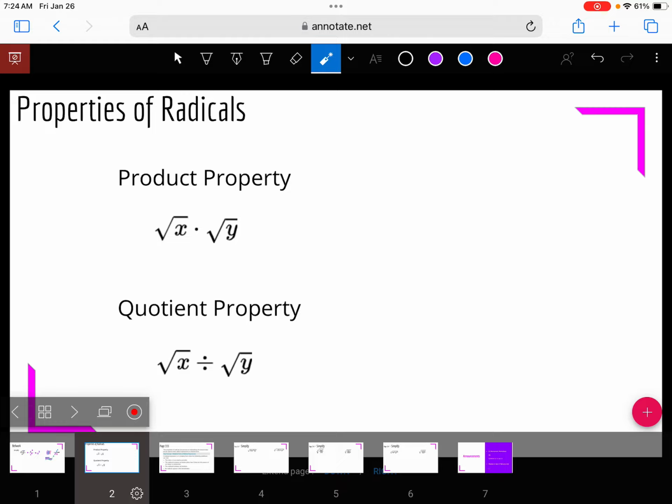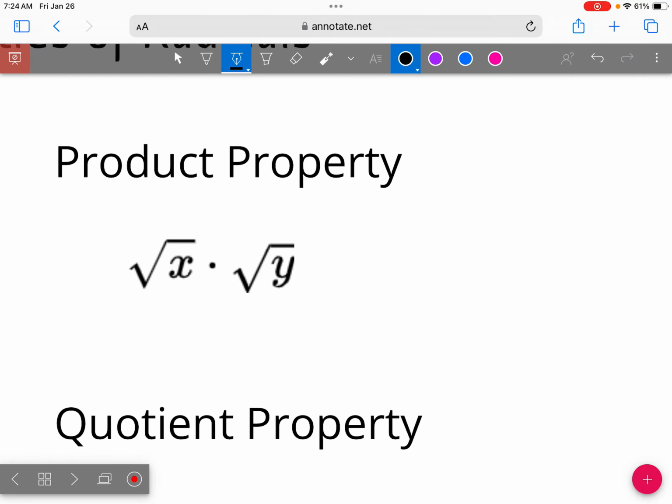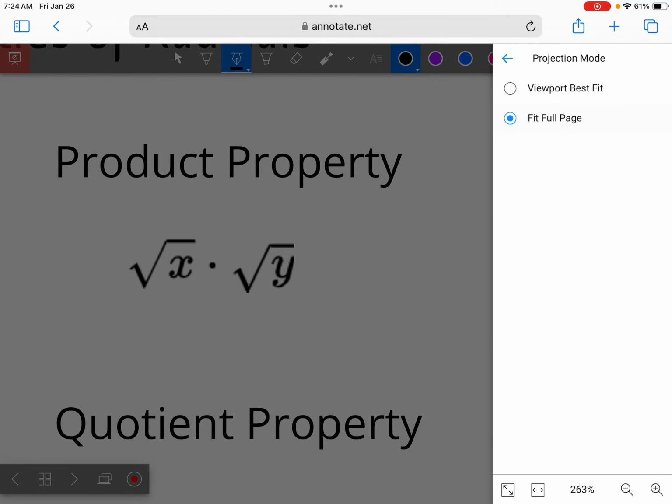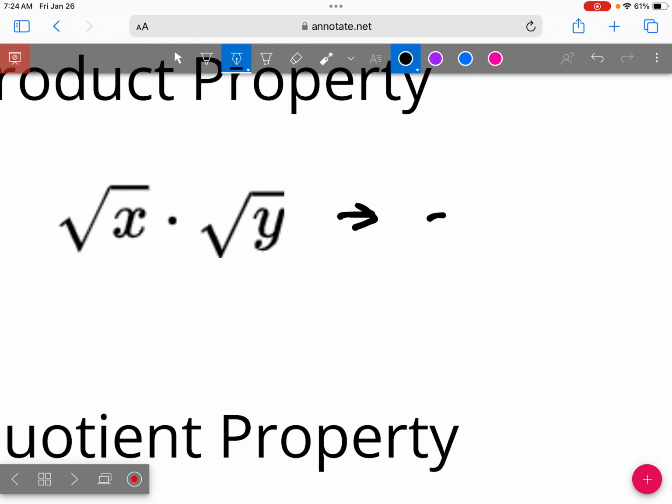So what we're going to do when we have things that are in square roots, let me change this page so it stays up. Our product property is where I'm multiplying two things in square roots. And what we can do is we can just take both of the things that are under the radical and multiply them together.